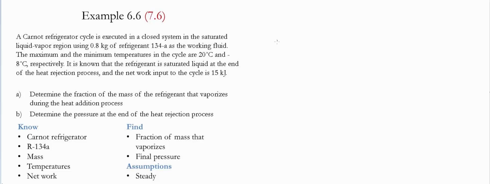The first step in this problem is to evaluate the coefficient of performance for the refrigerator using temperatures. So the coefficient of performance for the refrigerator is simply going to be 1 over TH over TL minus 1. Remember to use all the temperatures in absolute values. So we have the value of TH is equal to 20 Celsius, so it's 20 plus 273.